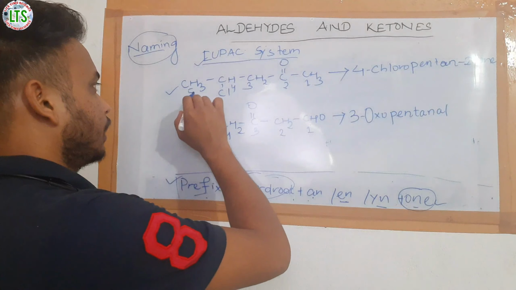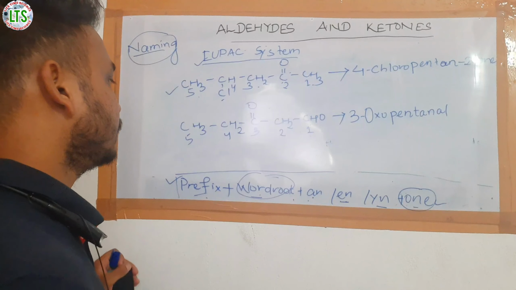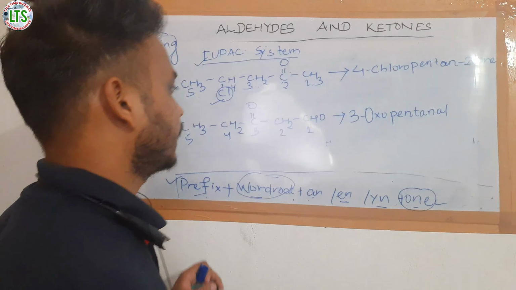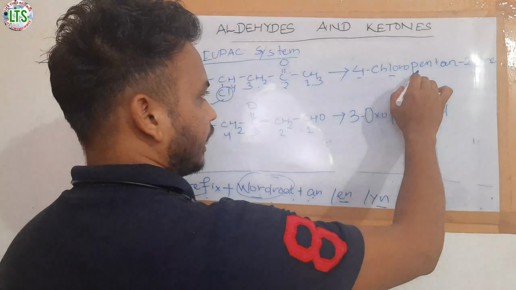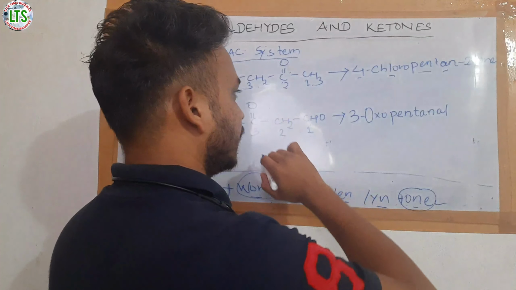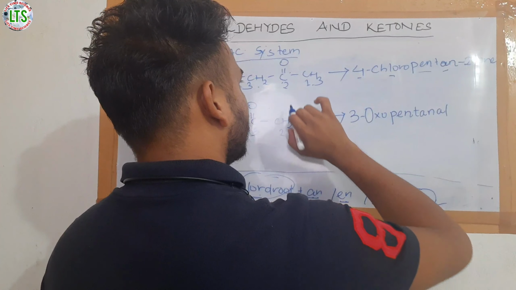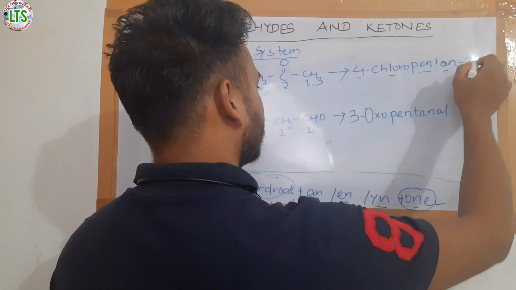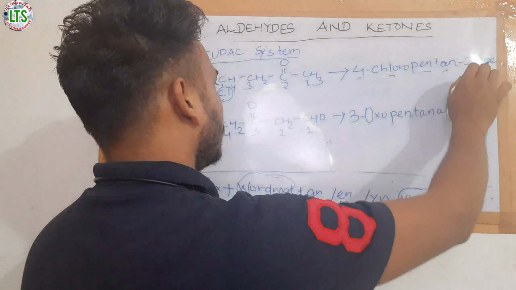For example, in the compound CH3CHClCH2COCH3, here one prefix is there, that is the chloro group, so we can write 4-chloro, then word root, as there are 5 carbon atoms, so we can write pent, then AN, as there are single bonds in between the carbon atoms, then the location of ketonic group, that is 2, and lastly the suffix of ketonic group, that is ONE. So the name is 4-chloropentan-2-one.